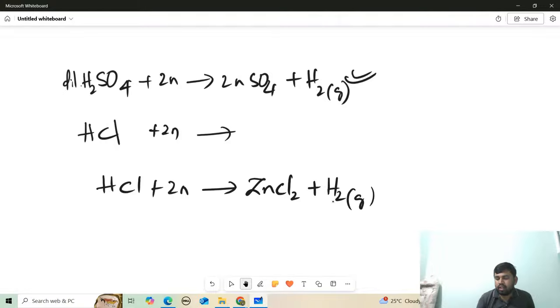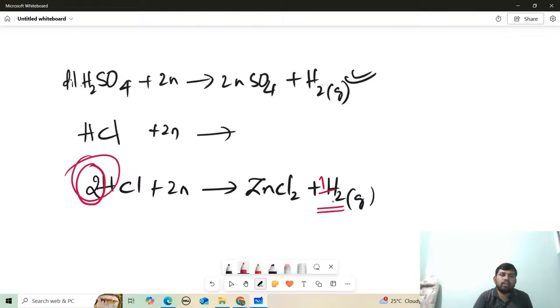Now see here, when we balance, 2 hydrogen, 2 chlorines are there. How many moles of HCl are required to produce 1 mole of hydrogen here? 2 moles are required.